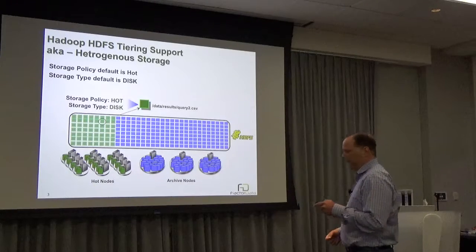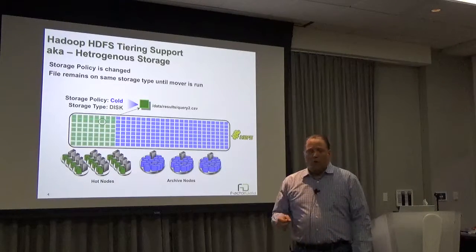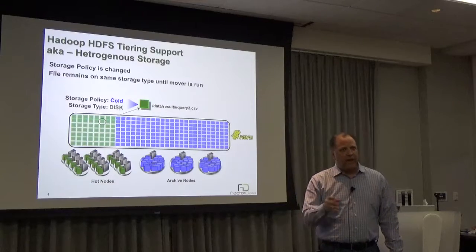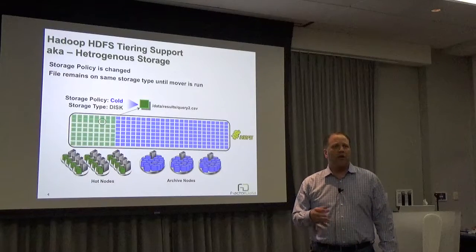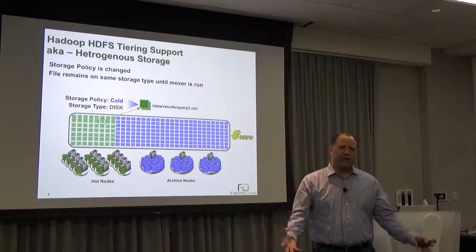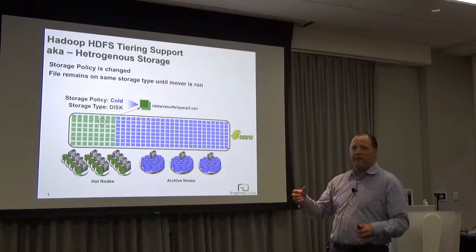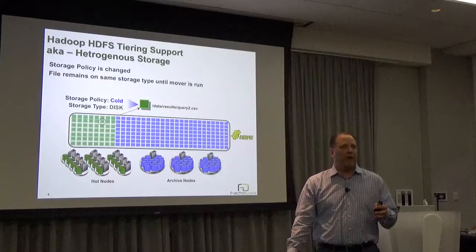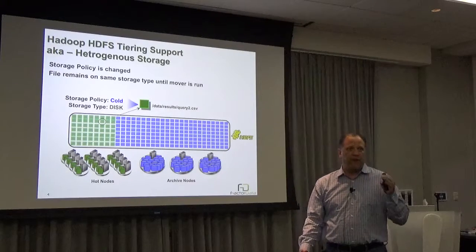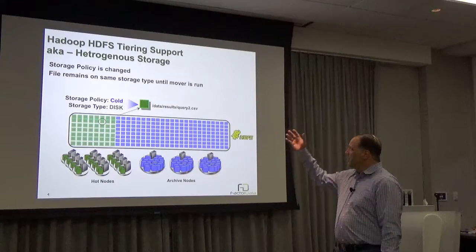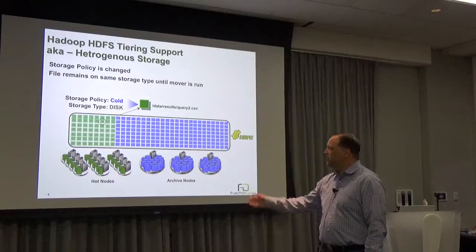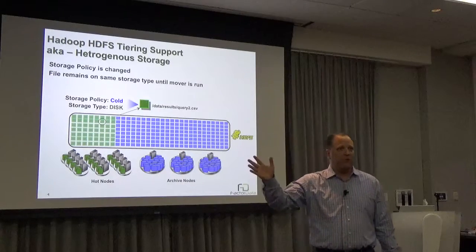Now, when I tag a different storage policy on that particular file, and again, it could be a directory structure, that works just as well, and everything below that directory structure will inherit the policy from the higher level. So when I specify the cold policy, you can see that the data actually has not moved.